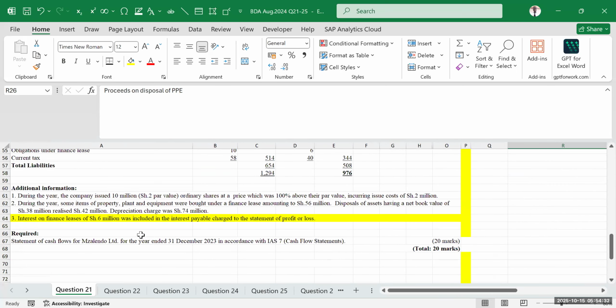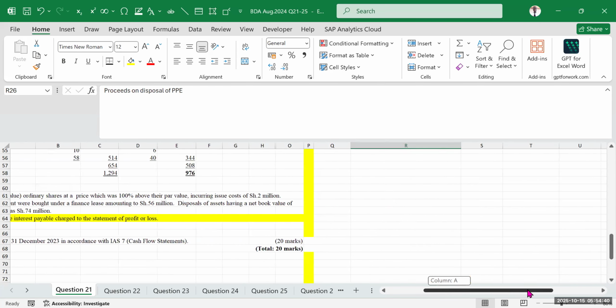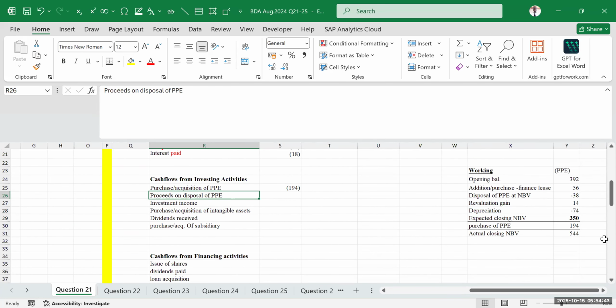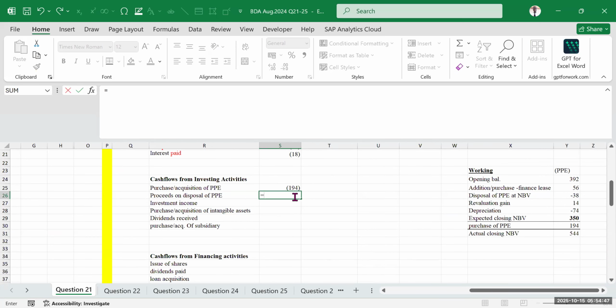Was it not 2 or not 1? Here, we were told that disposal of assets having a net book value of 38 realized 42 million. So you see 42 million we received. That was money. We sold and we got money. So proceeds on disposal, we got money, 42 million. And it is a positive because it is an inflow. So we recognize the 42 million.